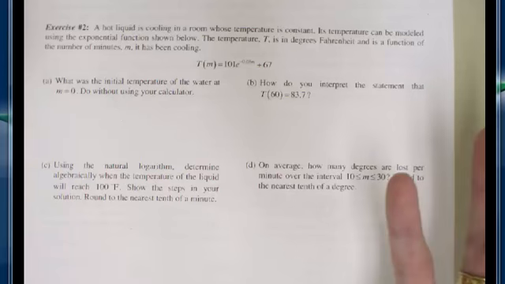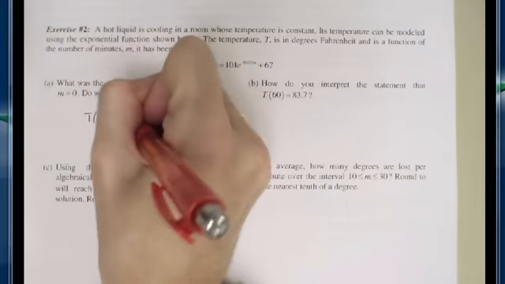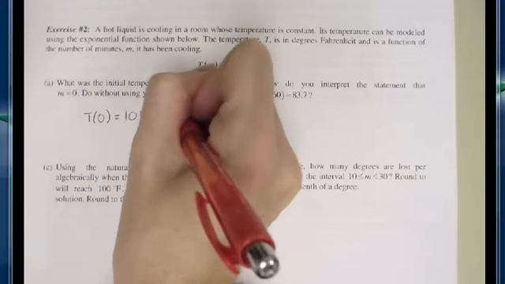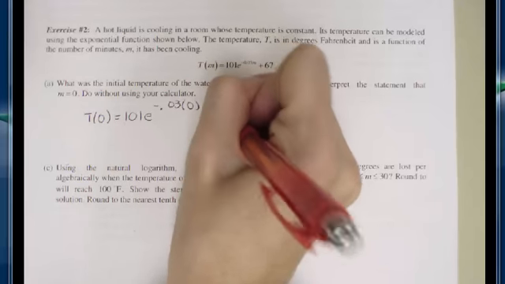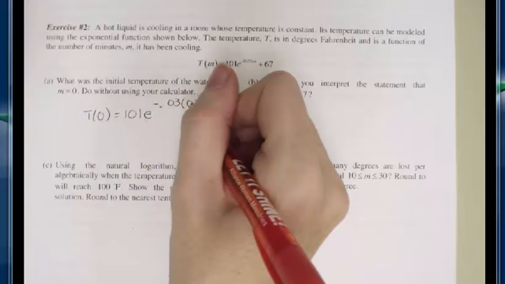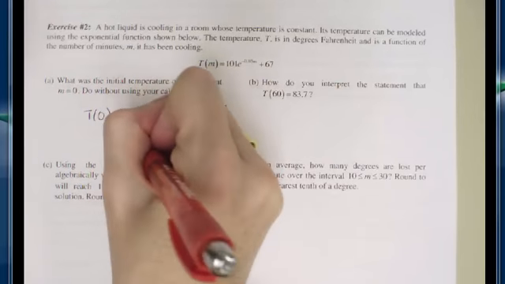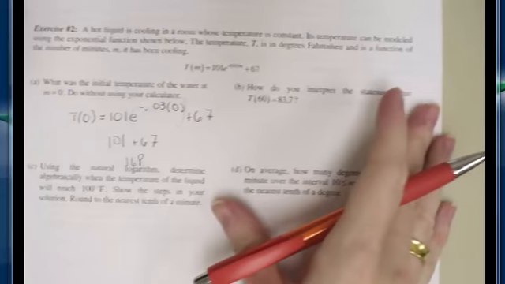Initial time is 0. So you're going to do T of 0 equals 101 e to the negative 0.03 times 0, plus 67. Now we know anything to the 0 power, that e is raised to the 0 power is 1. So 101 plus 67 is 168.